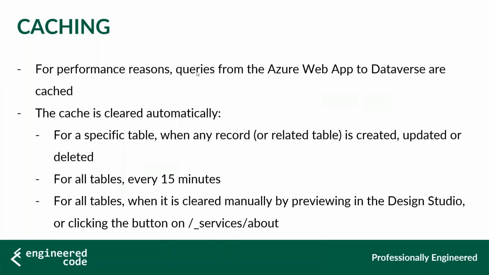So no matter what, data on your Power Pages site should never be more than 15 minutes old. You can also clear the cache manually by either hitting the preview button in the Design Studio or by clicking a button on the _services/about page. Those are the options for clearing the cache.